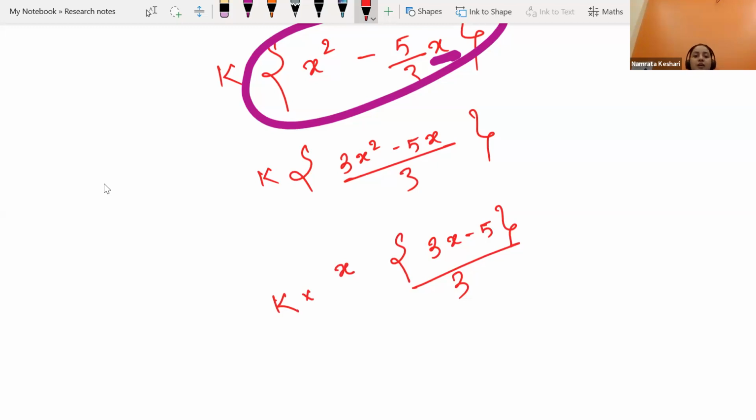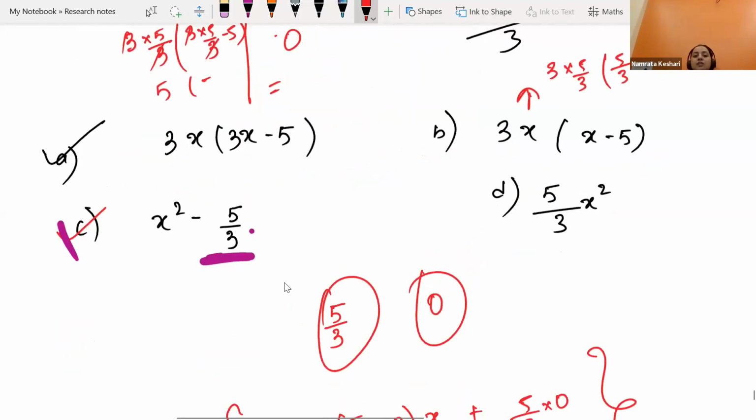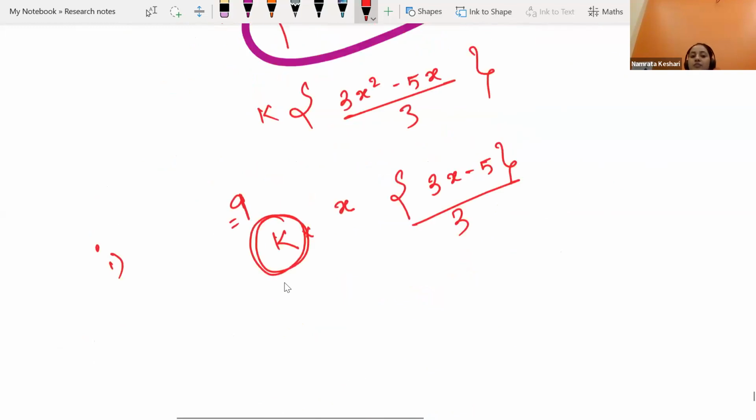So it seems the first is the correct option, where the k value has been taken as 9. Look carefully, k value 9 has been taken, and then the first equation will come. Can you see it? 3x minus 5. When we take k as 9, 3 times 9 will be 3x, 3x minus 5.